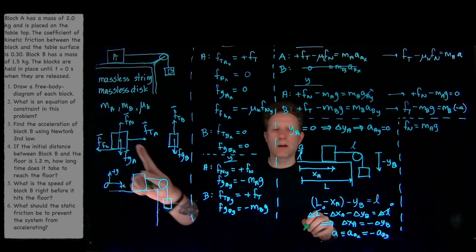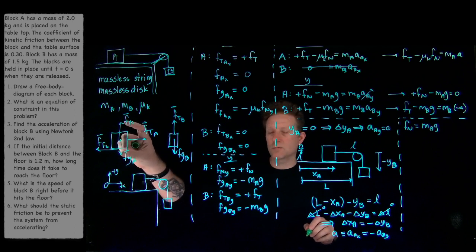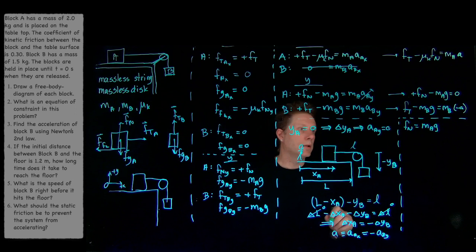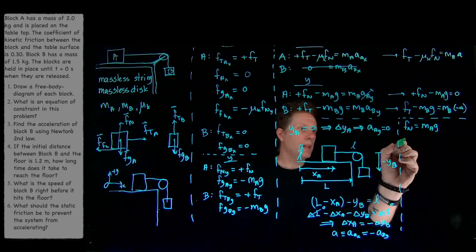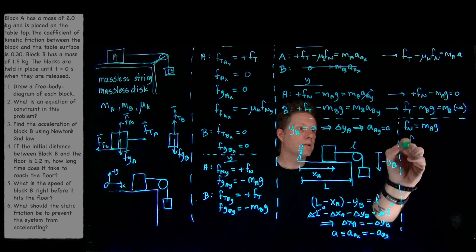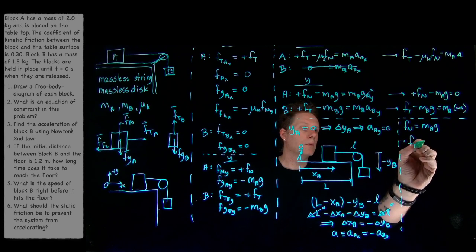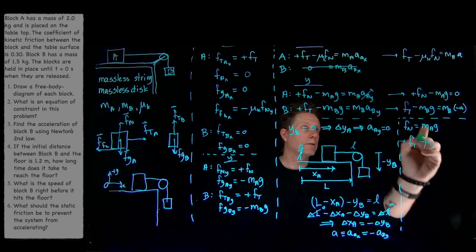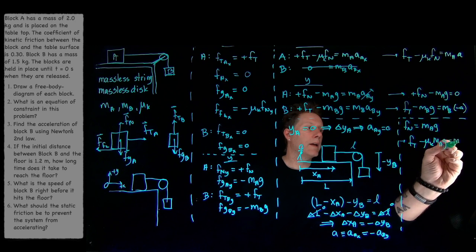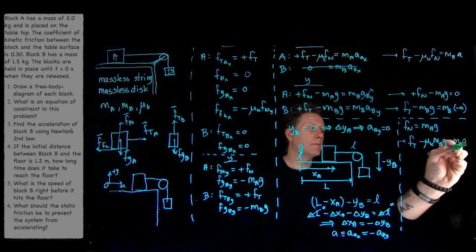We could set it right away because these two forces must be balanced since there's no acceleration of box A in the vertical direction. Now we can plug that into this one up here. So this is tension force minus coefficient of friction times mass A times the acceleration of gravity is equal to mass A times A.